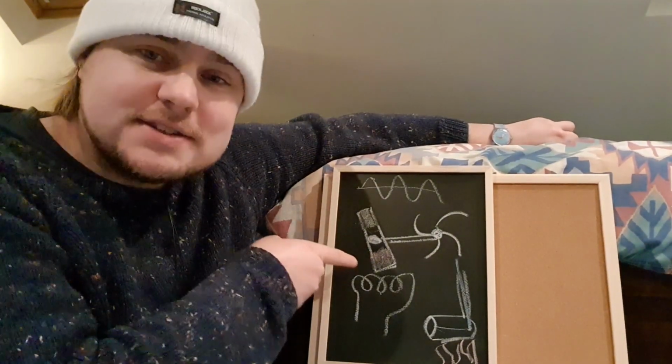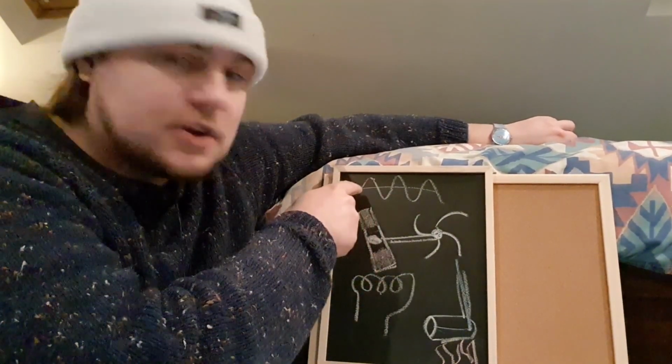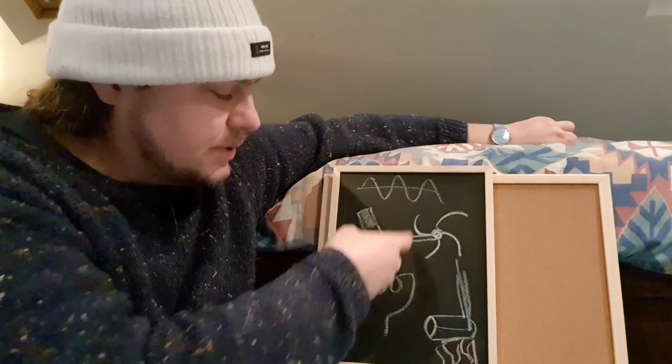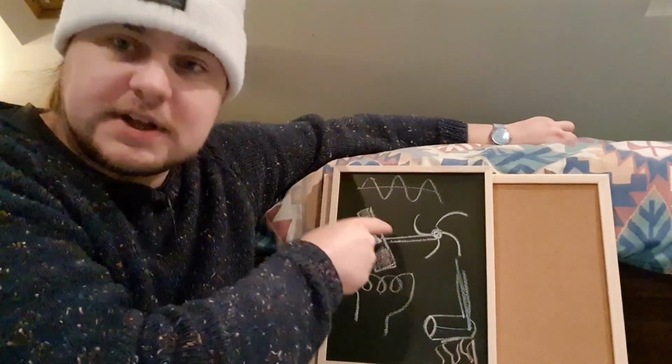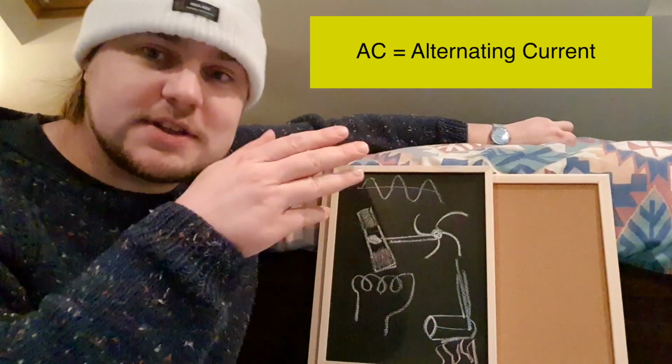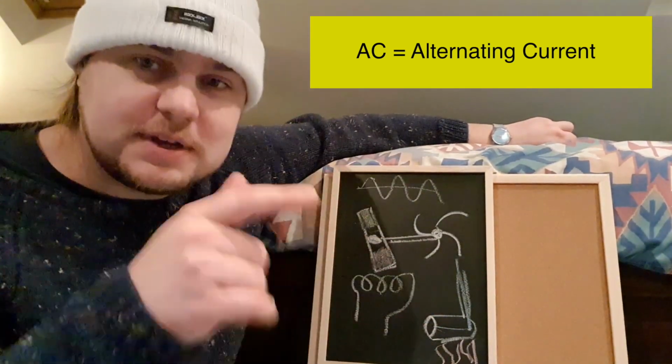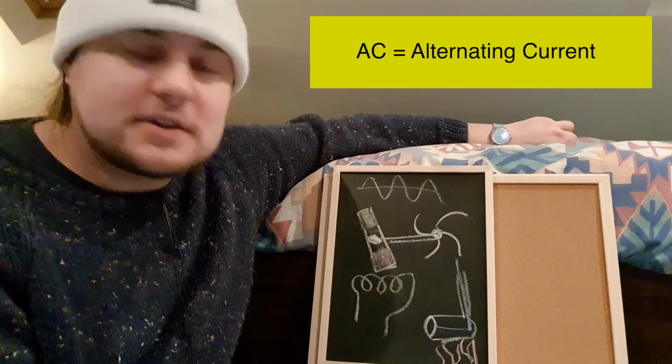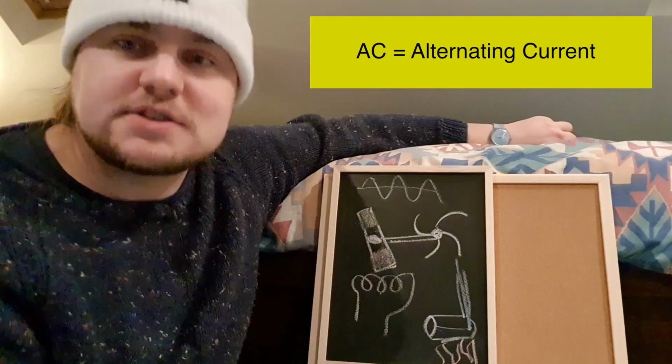As the magnet passes the coil, the current goes up. As it spins around and moves away from the coil, the current goes down again. The electricity in the national grid is AC, goes like this, backwards and forwards, current going up and down. And that's completely related to the spinning machines that generate the electricity.